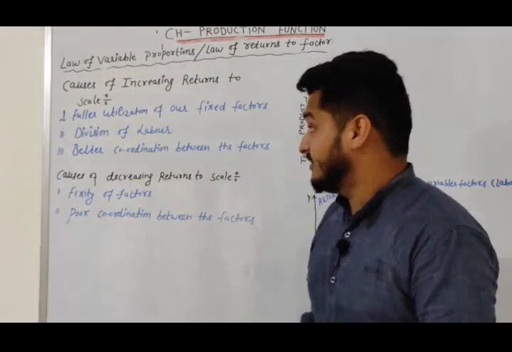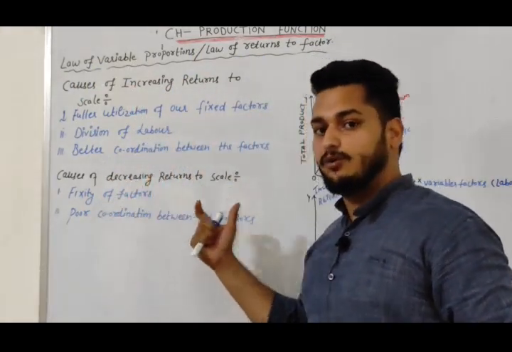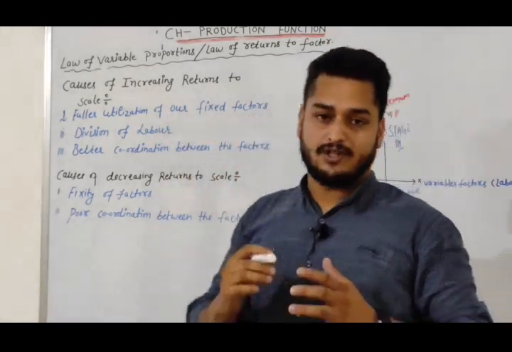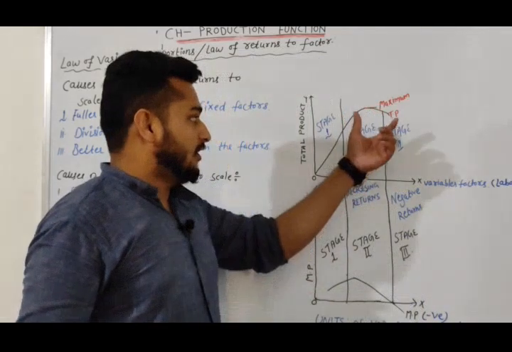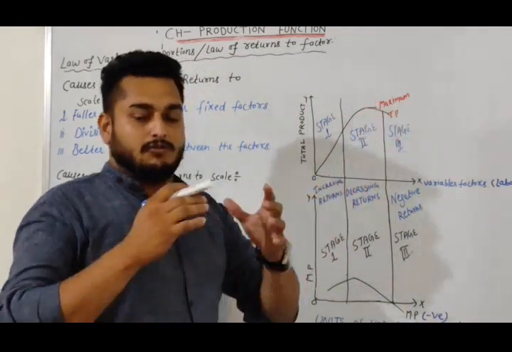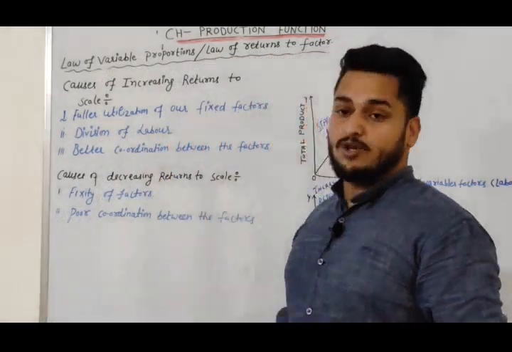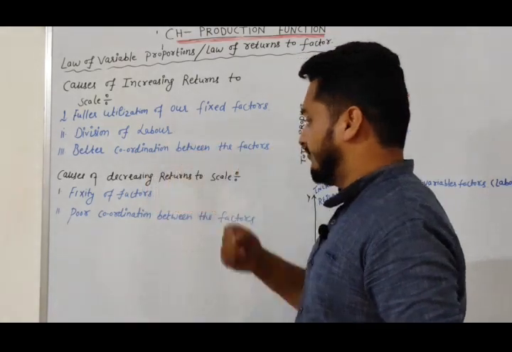Now we are going to discuss the causes of increasing returns and the causes of decreasing returns. So let's start with the causes of increasing returns. The first point is fuller utilization of our resources. At this point, when total product is maximum, there is fuller utilization of our resources. Second point, division of labor. Division of labor must be important. Third, better coordination between the factors.